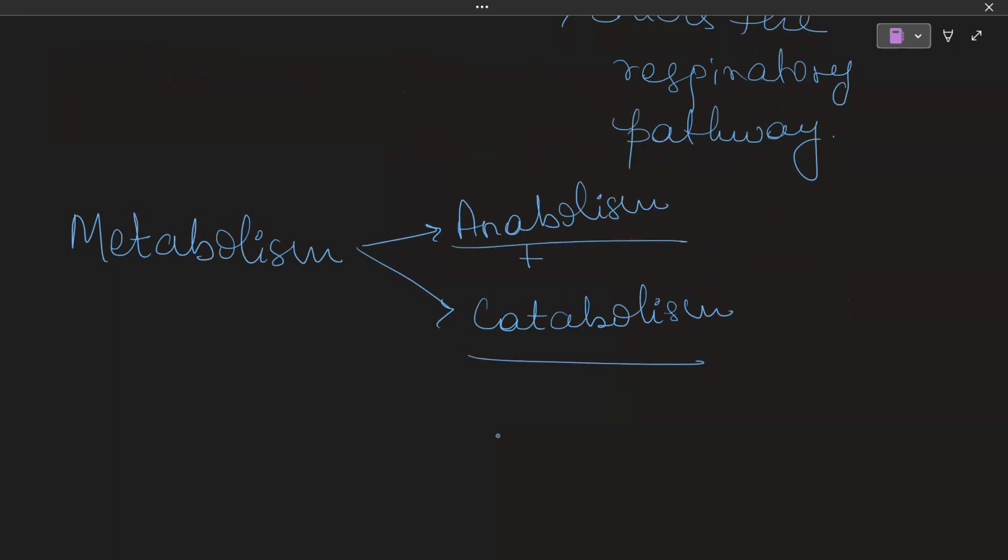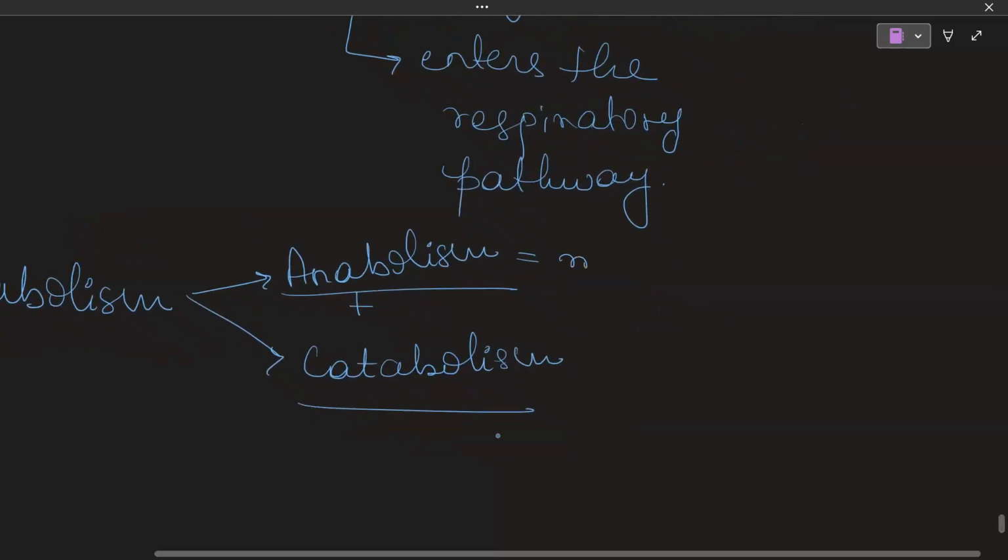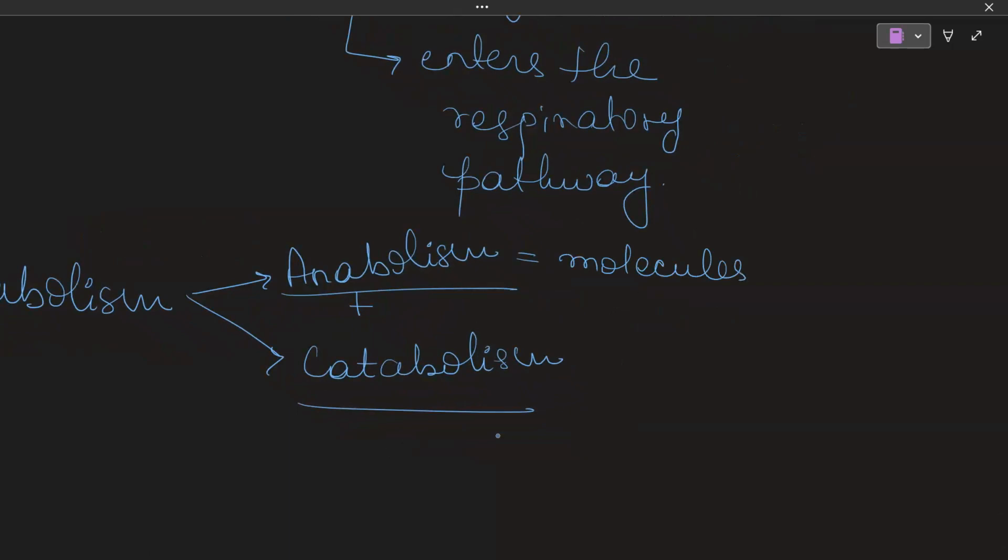Anabolism is the process in which molecules are synthesized, and catabolism is the process wherein molecules are broken down. Anabolism is the process where any molecule is being synthesized, so that process is an anabolic process.